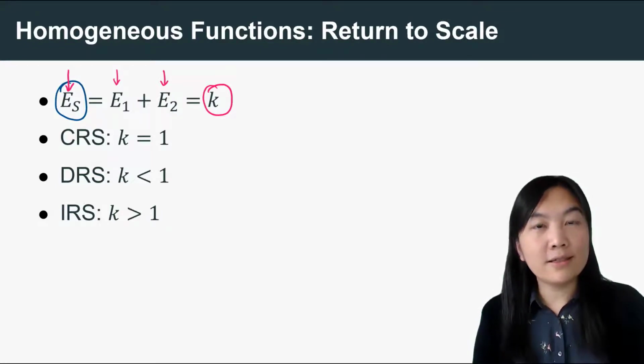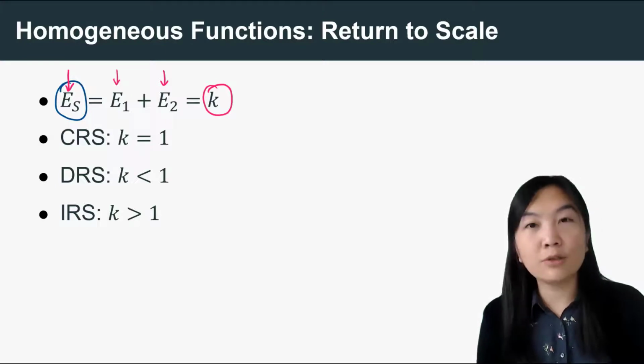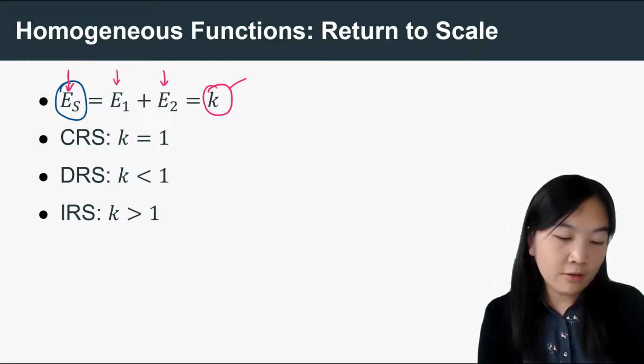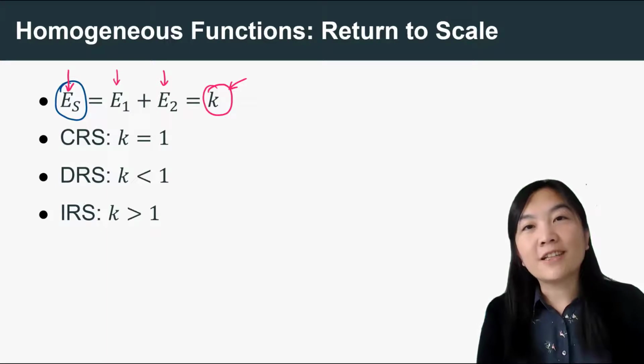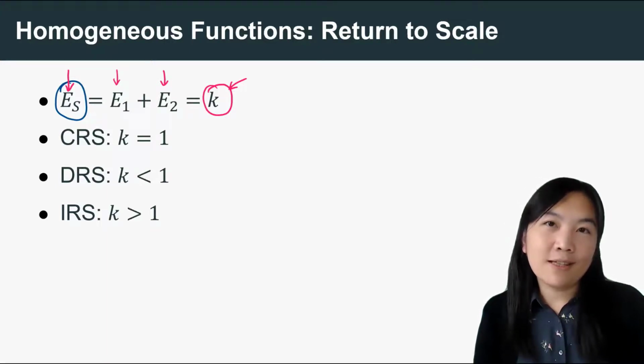However, if we have other functions of the types I gave as examples, those homogeneous functions, you don't even need to calculate. You can tell from the production function that the elasticity of scale is k.